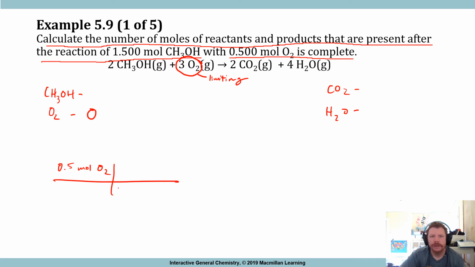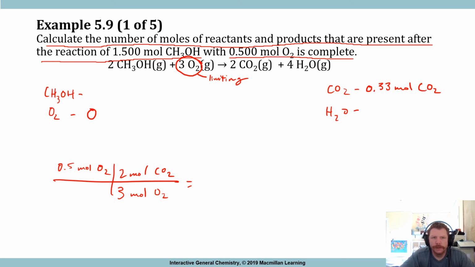So I will use my ratio of 3 moles of O2 to 2 moles of CO2, and I figure out that is 0.5 times 2 divided by 3, which gives me 0.33 moles of CO2 produced.